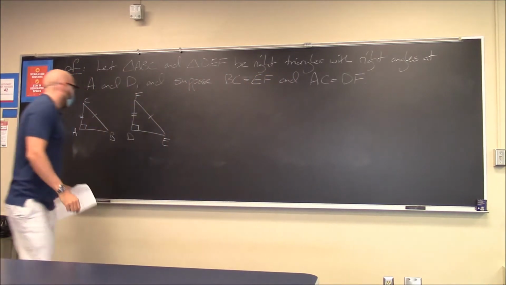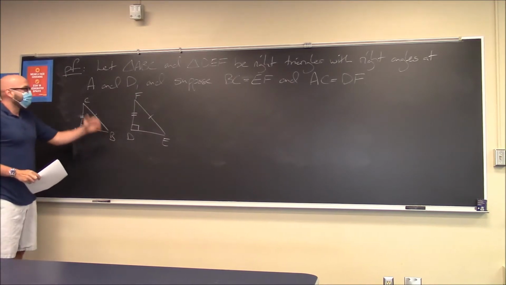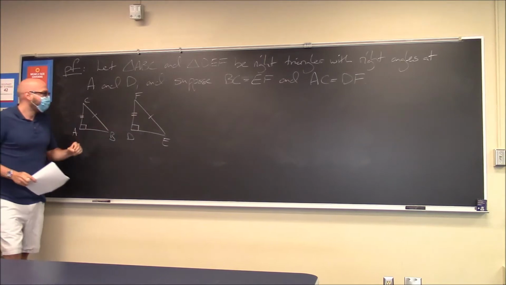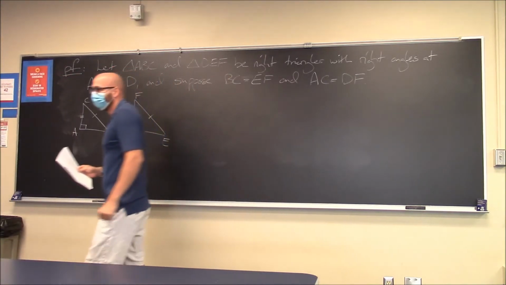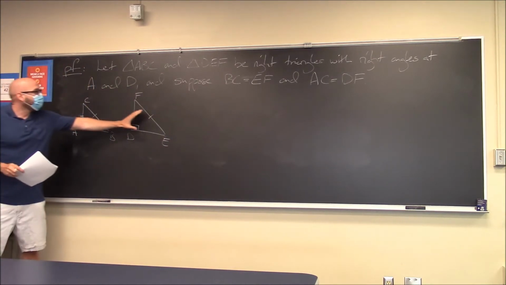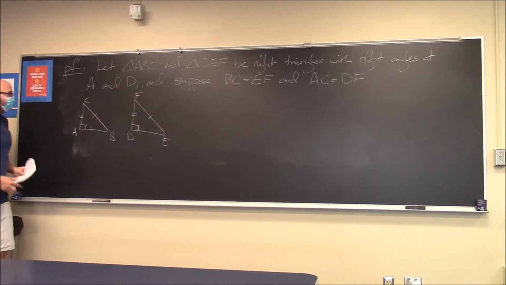What I'm going to do, this is something that Euclid does a lot in his proofs, and again, he really needs to axiomatize that he can do this. It's this superposition principle. I'm just going to allow myself to freely move this triangle around, and what I'm going to do is flip it over and move it over so that this side DF matches up with this side AC.